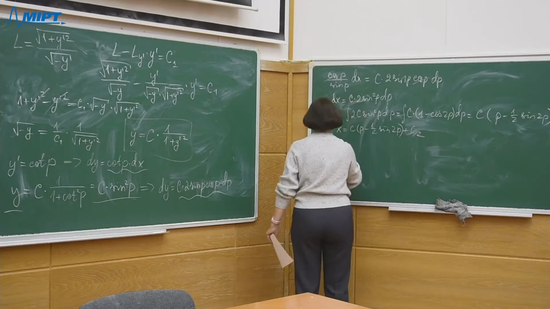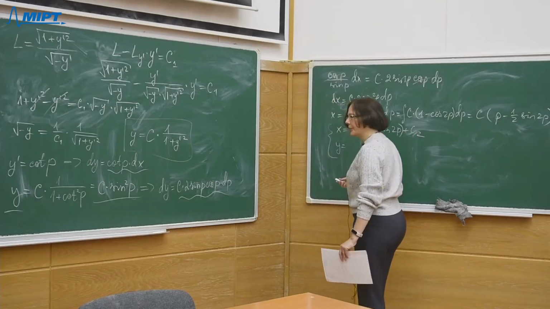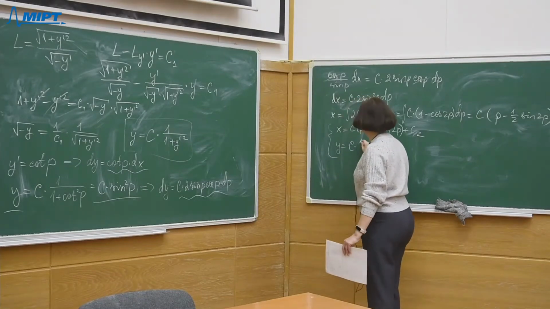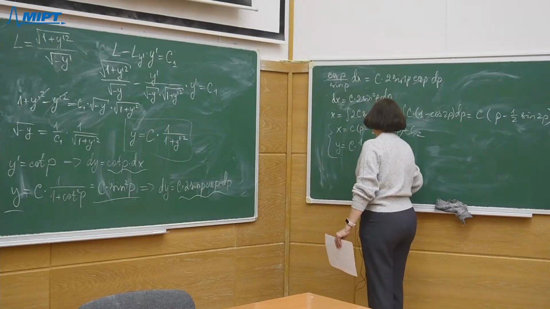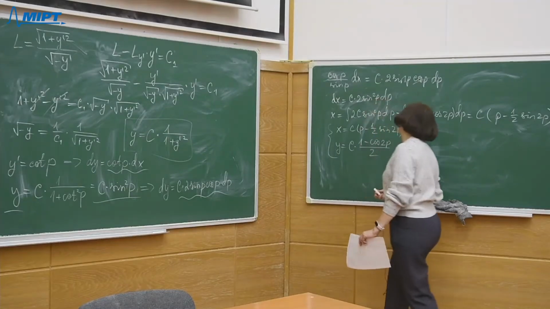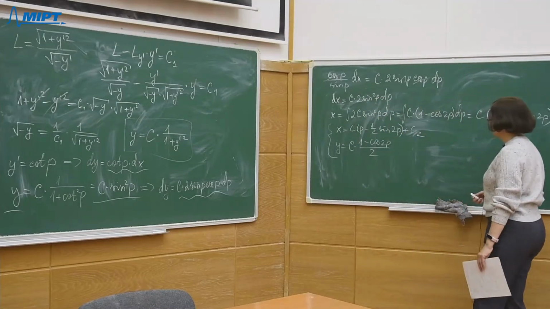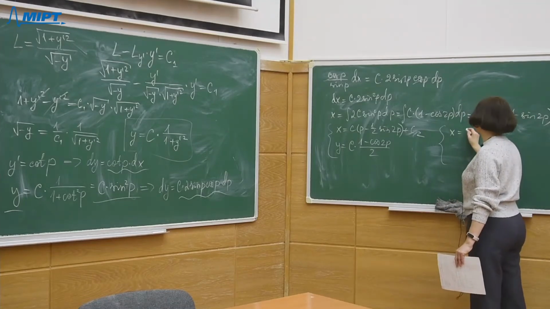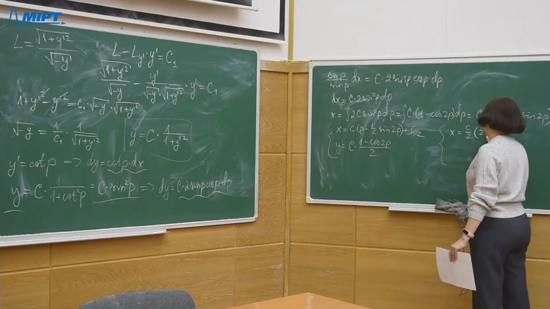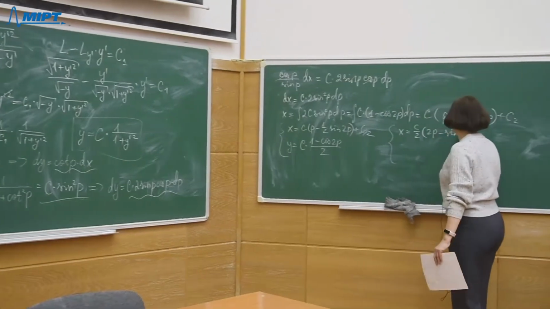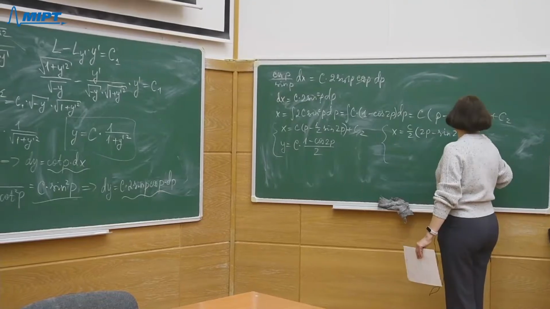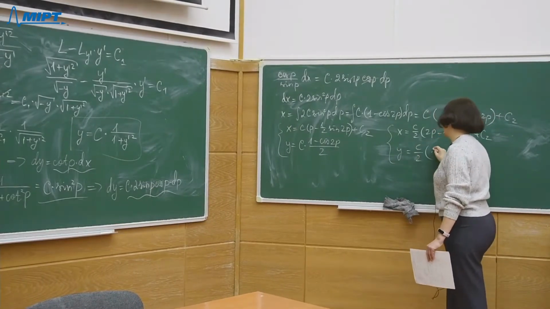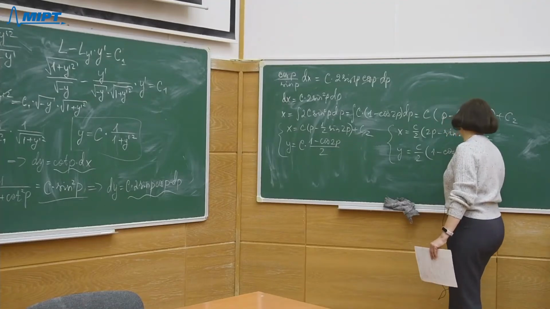and y is equal to c times sine squared p, which is c times (1 minus cos 2p) over 2. This can be rewritten as x equals c/2 times (2p minus sine 2p) plus c2, and y equals c/2 times (1 minus cos 2p).